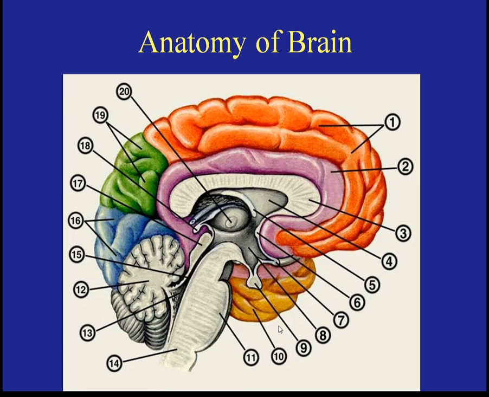So, this is inner or medial surface of brain. We can see the cortex, frontal, parietal, occipital, temporal lobes, and corpus callosum. Corpus callosum connects two hemispheres, left and right, and main parts of brain stem.